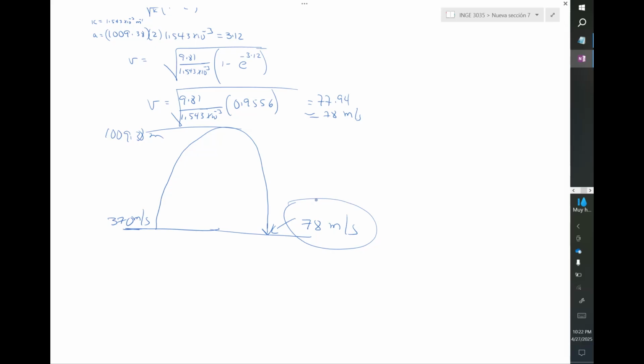And most likely the answer is yes. It might not have enough kinetic energy, but there's a lot of study being done that a bullet at a certain speed can be dangerous.